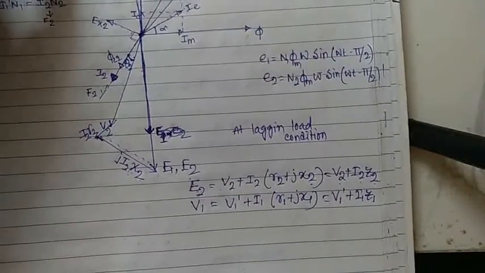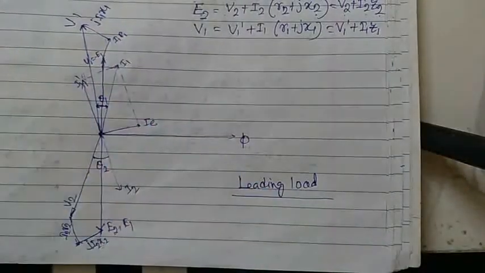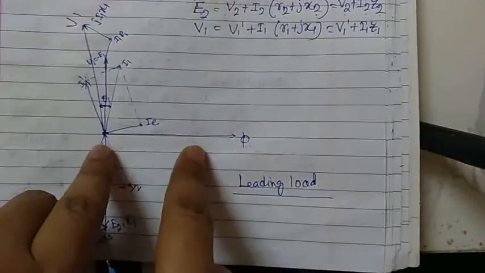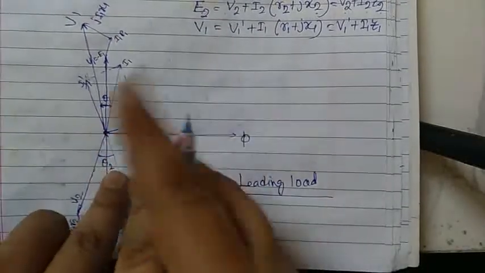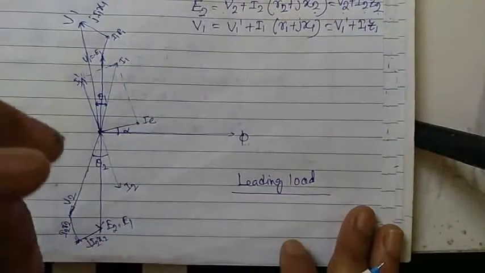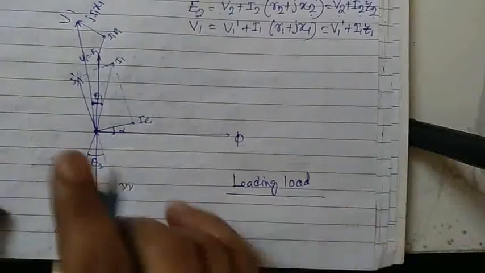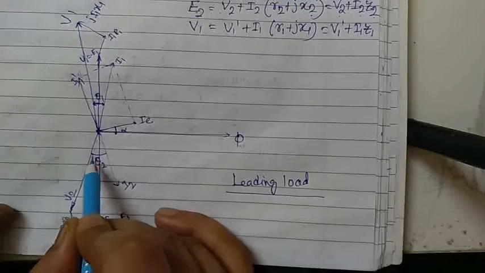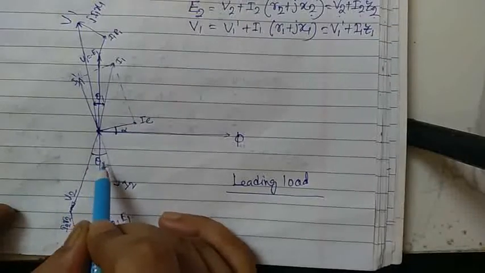Now in leading load condition, this is the phasor diagram at leading load condition. Here again, take the flux as reference. Exciting current IE leads the flux at an angle alpha. As I2 leads the voltage V2, it leads the voltage at an angle theta 2.